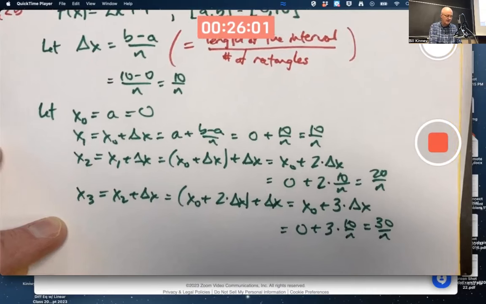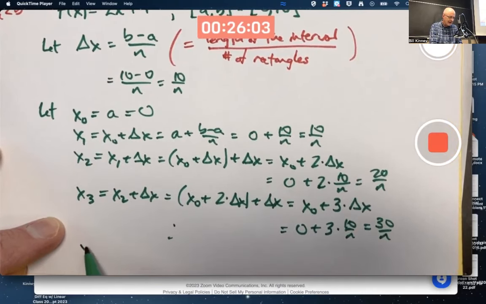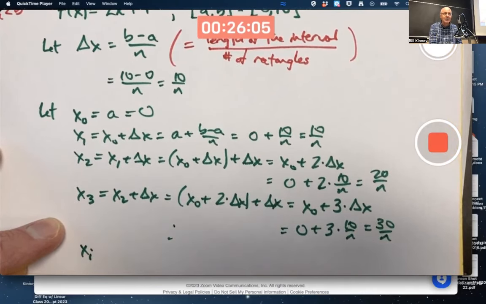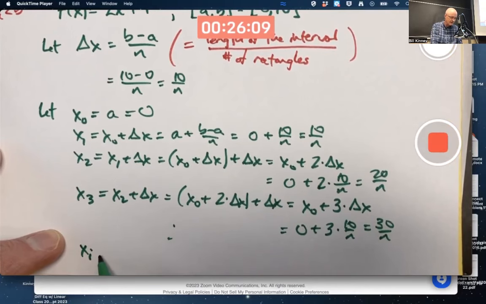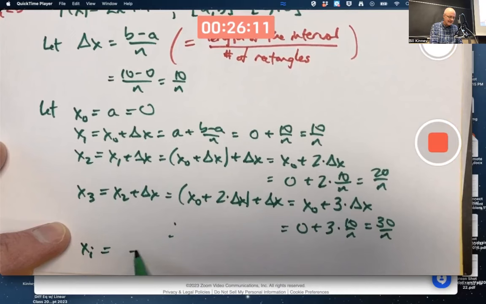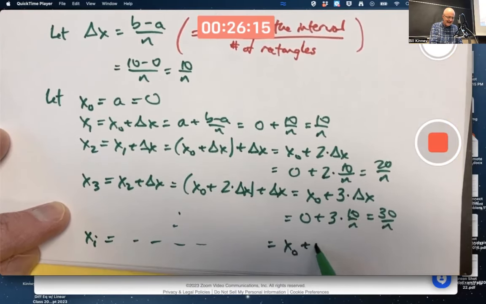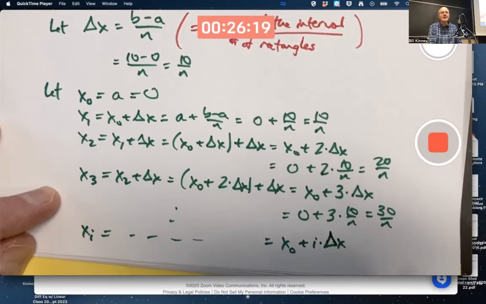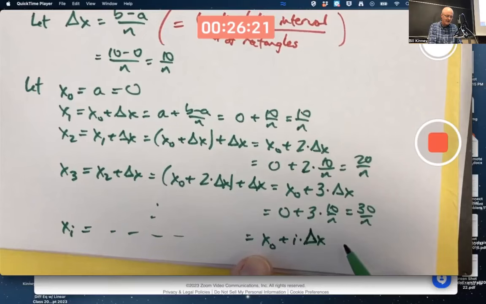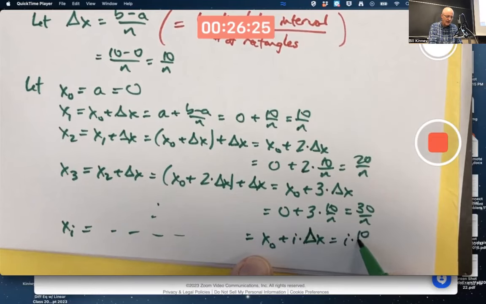We see a pattern here. In general, x sub i, where i could be 0 or 1 or 2 or 3 or 4, etc., in the end, that's going to be x0 plus i times delta x. And for our example, that's going to be i times 10 over n, or 10i over n.